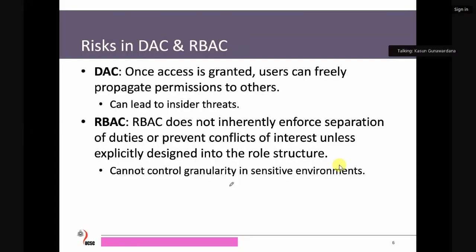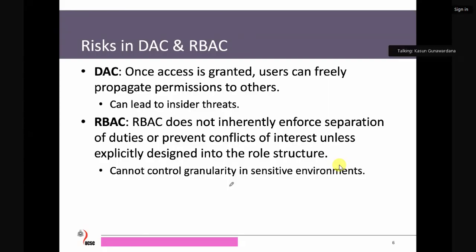Another problem or limitation in discretionary access control is, once access is granted, let's say with admin privilege or grant privilege, these users can freely propagate permission to others. So it has no restriction.